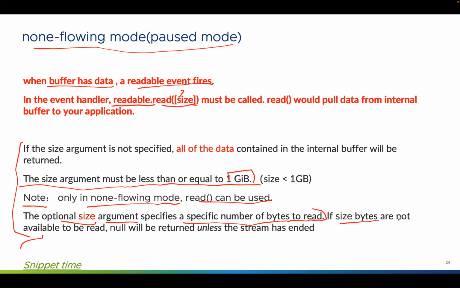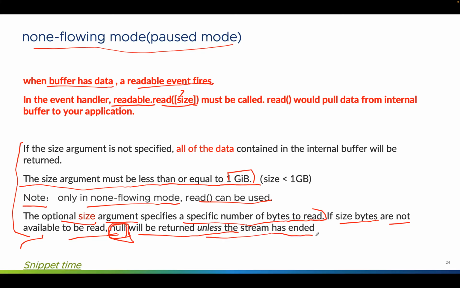If the specified bytes are not available to be read, for example, you give a size equal to 1600 or 16,000, but the number of bytes in the internal buffer is less than 16,000, so the bytes are not available to be read, then null will be returned.